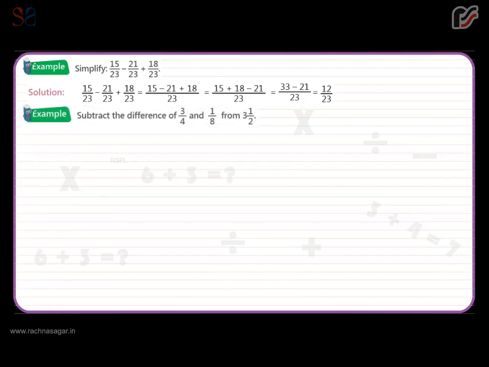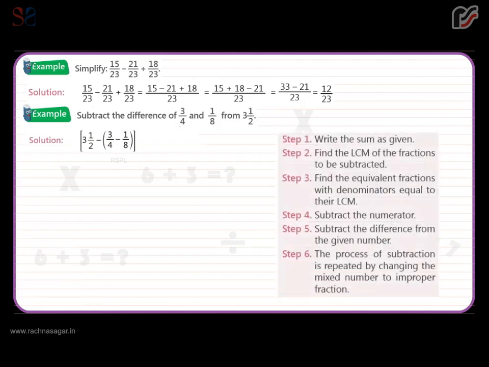Example: subtract the difference of 3 upon 4 and 1 upon 8 from 3 1 upon 2. Solution. Step 1. Write the sum as given: 3 1 upon 2 minus (3 upon 4 minus 1 upon 8). Step 2. Find the LCM of the fractions to be subtracted.